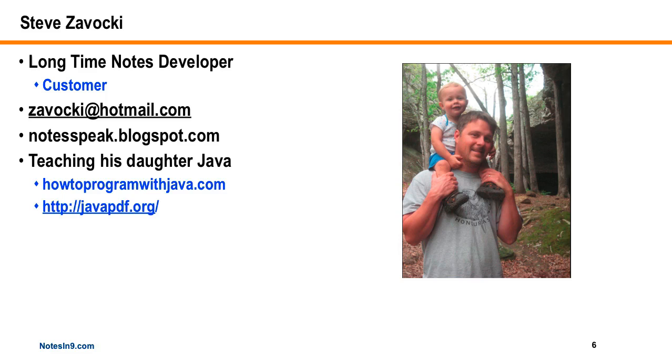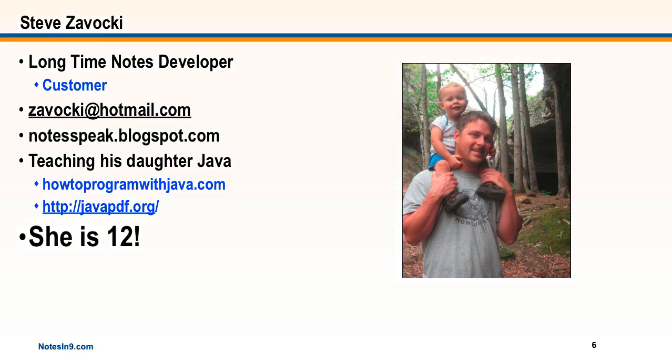It's very digestible, and Trevor does a very good job of explaining Java syntax and concepts. But the most fascinating thing is that she's 12. So no more excuses about being afraid of Java, people. I'm desperately trying to get her on the show. She's a very tough negotiator, so it may not happen, but if at all possible, she will be coming on NotesIn9.